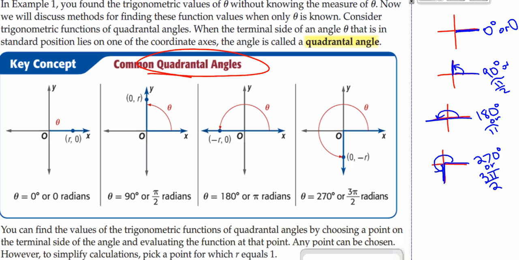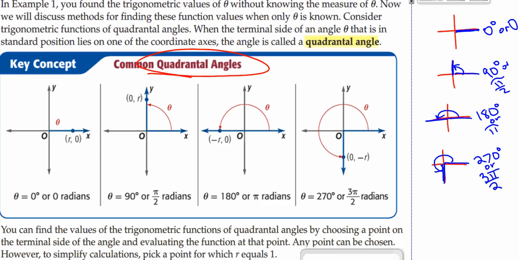But I want to be able to do this for anything. Keep this in mind: when I'm deciding, R can be any length. So the most convenient R value to pick is let R equal 1.